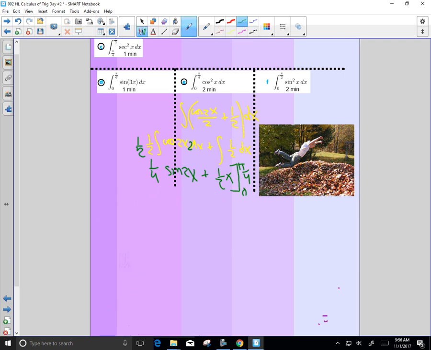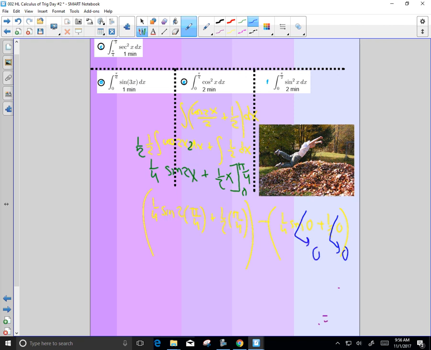Okay, and then now we're going to put those in. 1/4 sine 2 times pi over 4 plus 1/2 pi over 4 minus, now I'm going to put in a 0. 1/4 sine of 2 times 0 plus 1/2 0. Well, these will just go to 0, won't they?